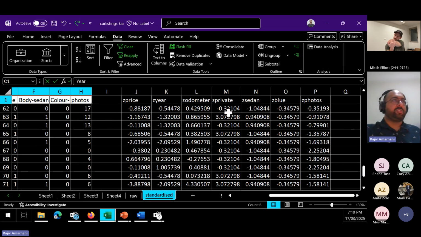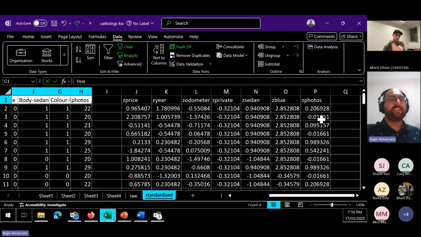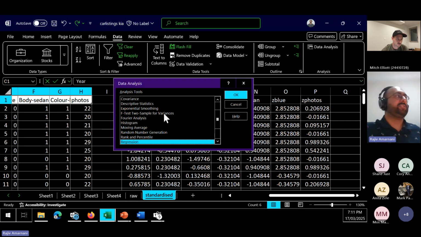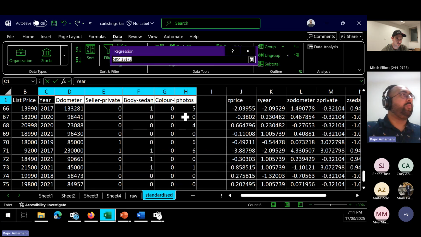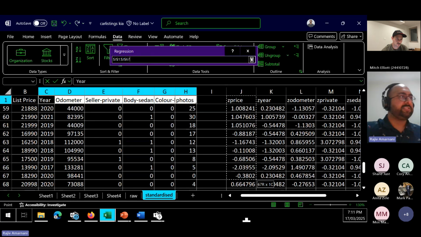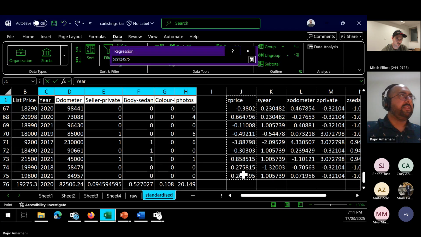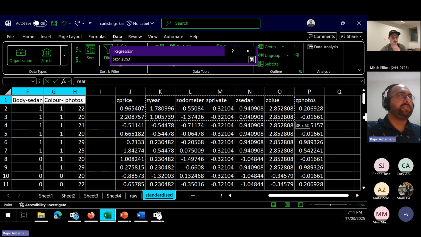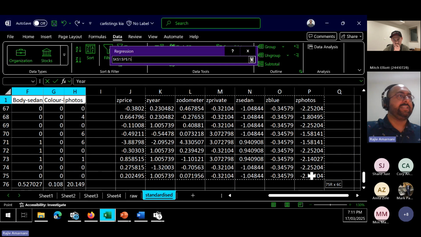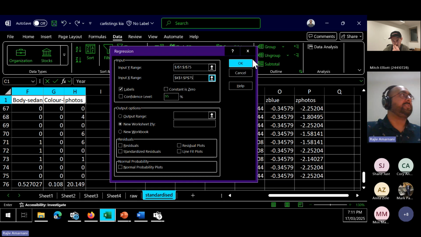In a standardized regression, you're running analyses on the z-scores. Our y range is z price, and our x range is all these standardized z-score predictors.